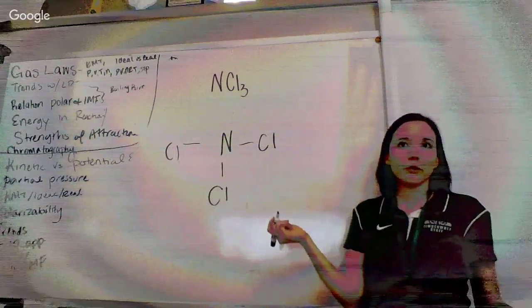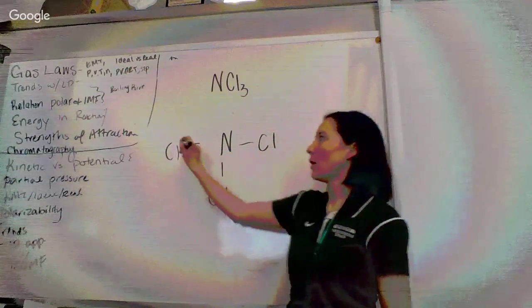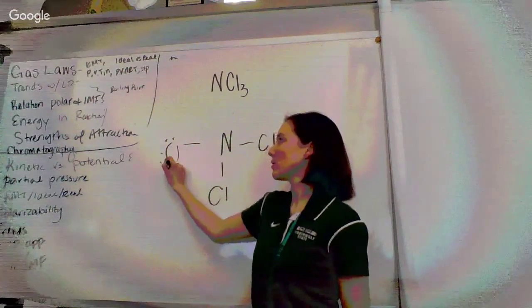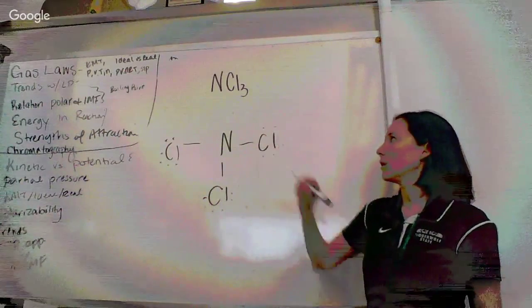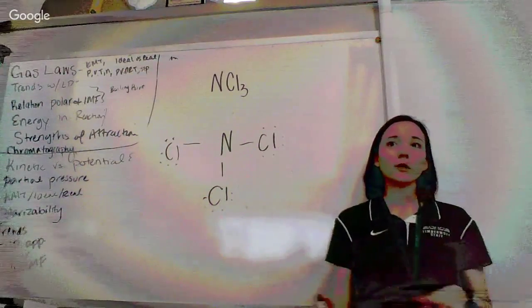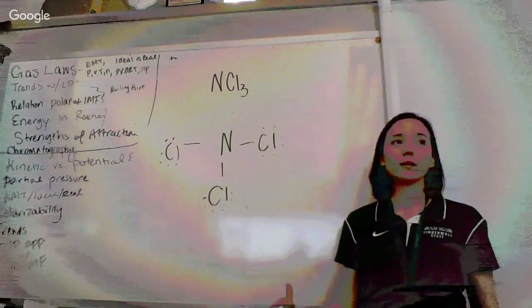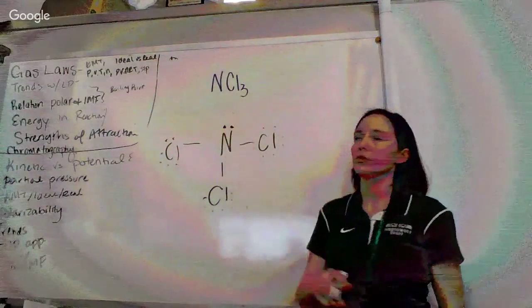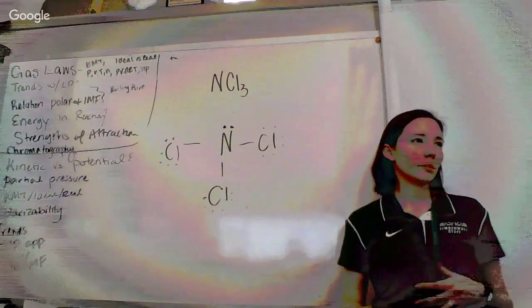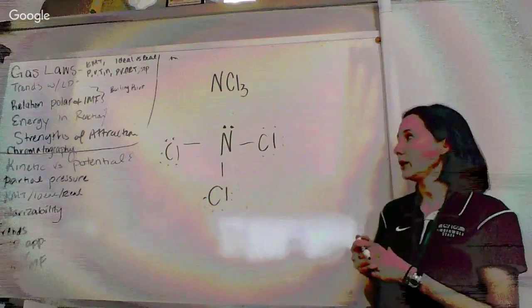We draw all of our electrons. We put our electrons around the chlorines like we're supposed to, making sure the chlorines get to their lowest energy configuration by all having 8. When we figure that out, that leaves us with 2 extra electrons here for nitrogen. So this would be the correct Lewis structure for NCl3.